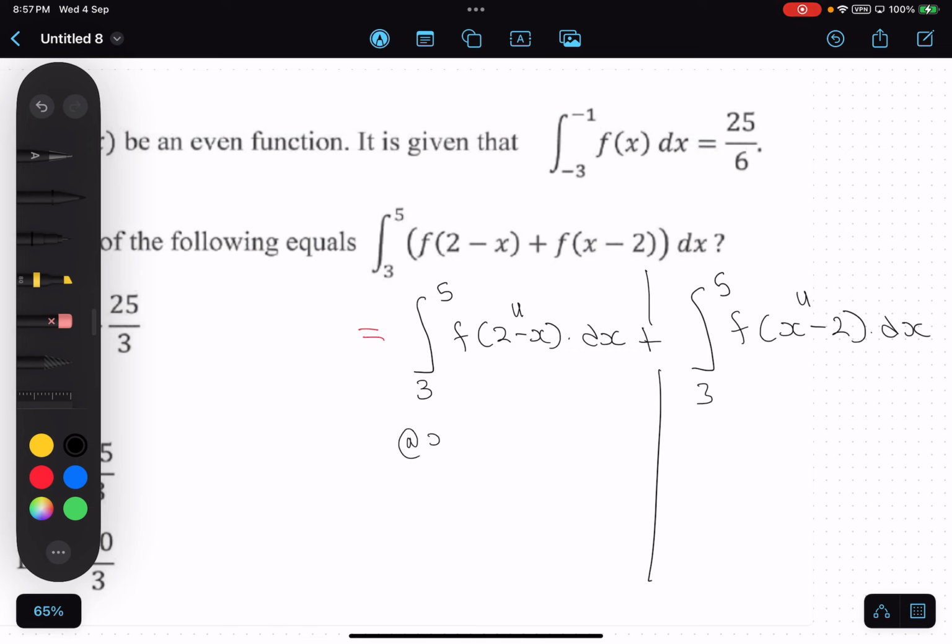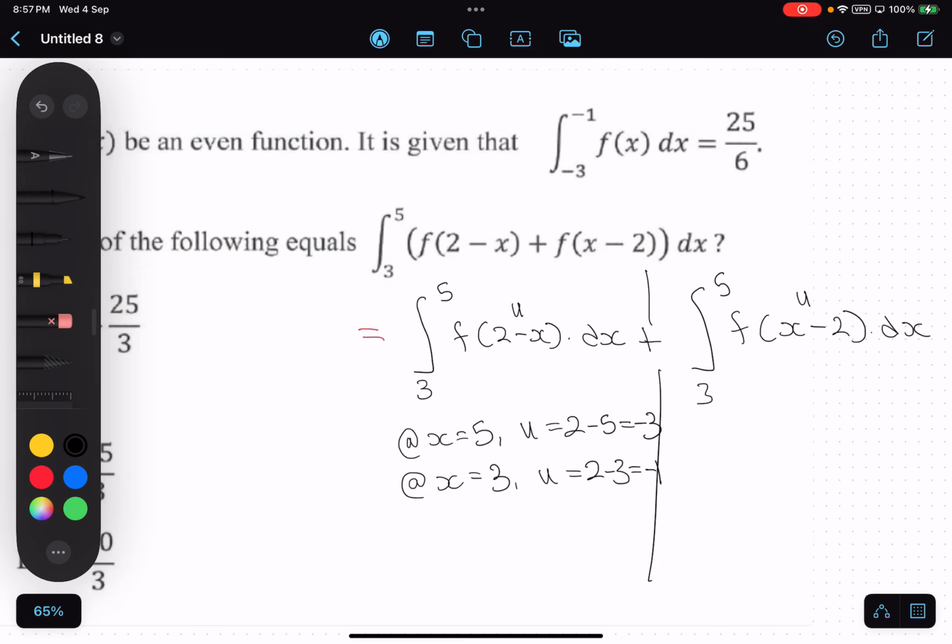At x equals 5, u equals 2 minus 5, which equals -3. At x equals 3, u equals 2 minus 3, which equals -1.